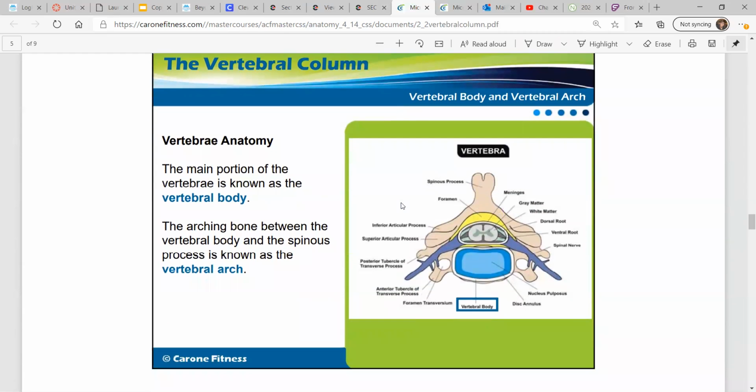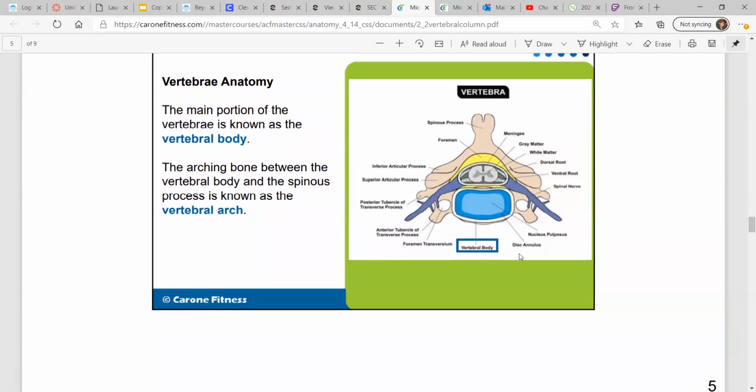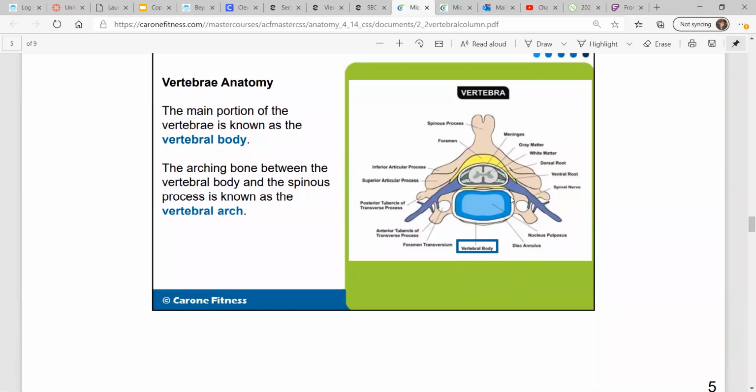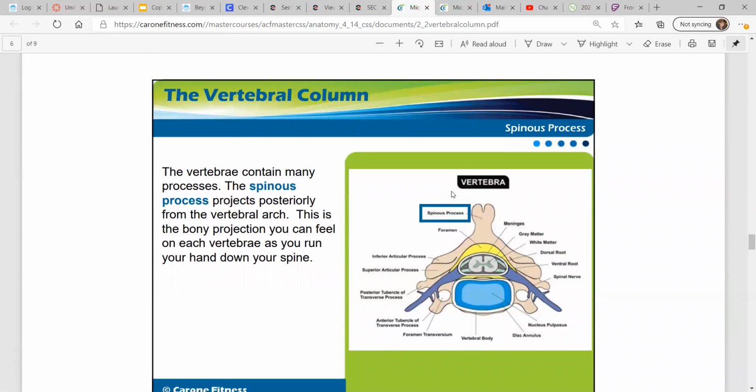The main portion of the vertebrae is known as the vertebral body. The arching bone between the vertebral body and the spinous process is known as the vertebral arch. And if you look at this diagram, it will show you the various components of a vertebra. So a lot of processes are held here.